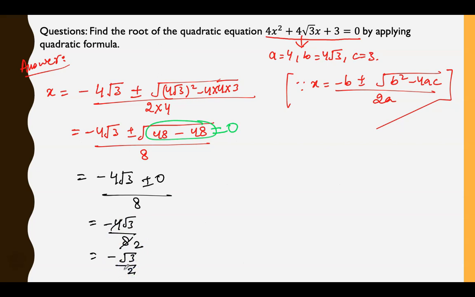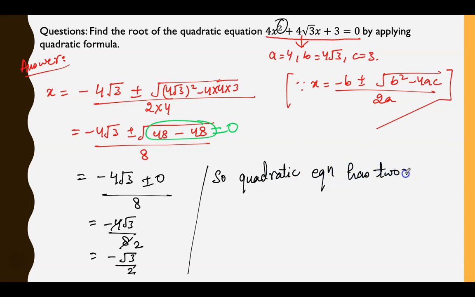So that means, as the power was 2, a quadratic equation has two roots. So you can just write that a quadratic equation has two roots, and here the two roots are equal since the discriminant is equal to 0.